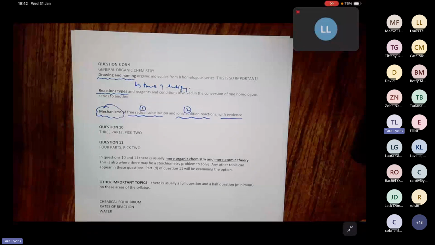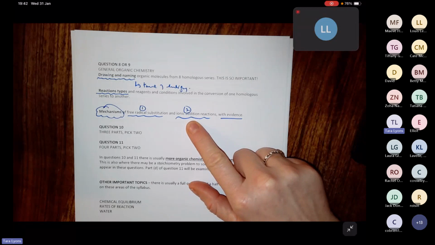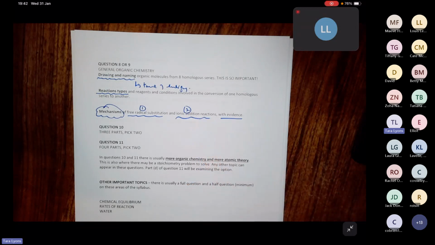That is your initiation, propagation, termination steps. Being able to write those equations, being able to describe what's going on. With ionic addition reactions, you're going to be looking at polarization of the reagent that's adding on, the heterolytic fission of that reagent, the formation of a carbonium ion, and then the formation of the product.